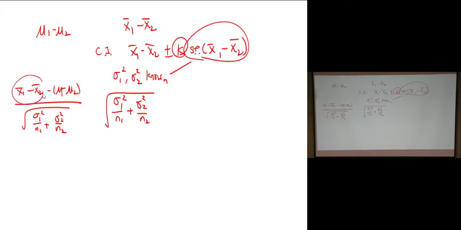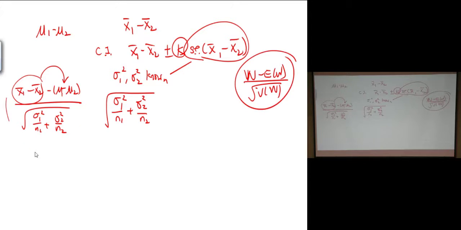Because the expectation of this one is equal to this one. So basically it's the random variable x1 bar minus x2 bar, and then minus its expectation. That means it's in this form: W minus the expectation of W, then divide by the square root of the variance of W. So basically this is the expression we are looking at.